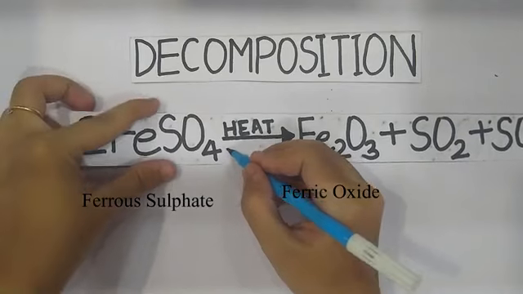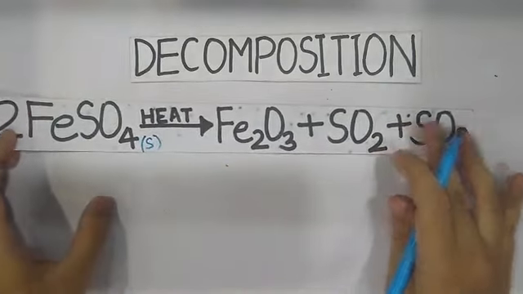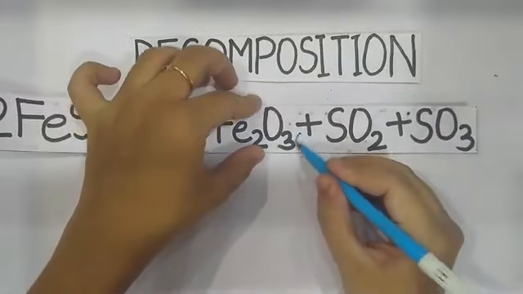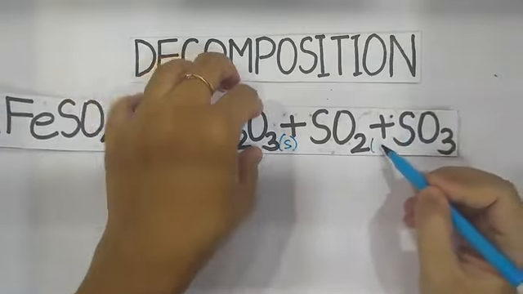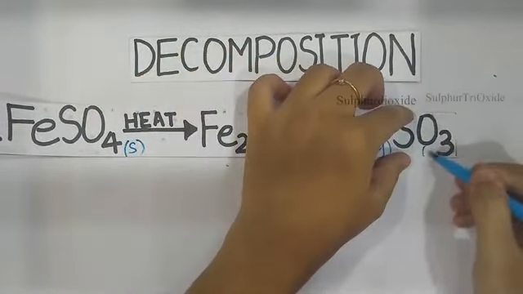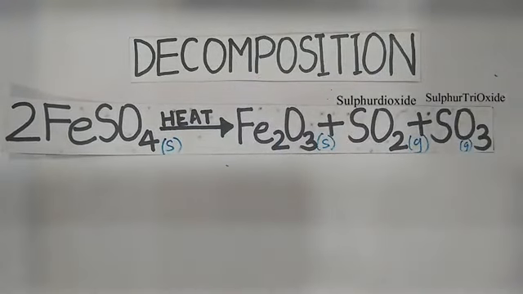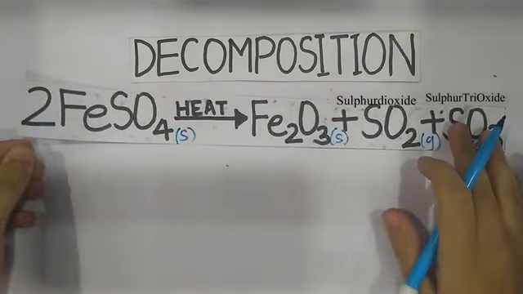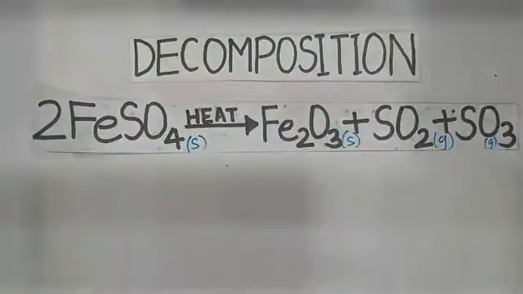FeSO4 would be solid. Fe2O3 would also be solid. SO2 would be gas, and SO3 also would be gas. So what is happening here? A huge compound is breaking into smaller compounds.